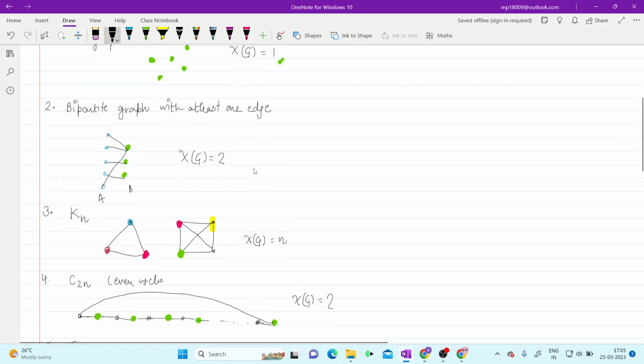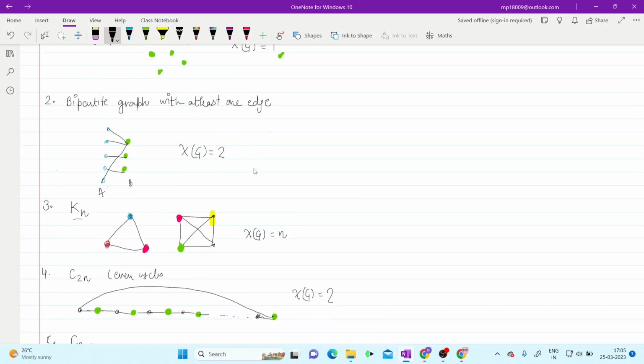Next common example was of K_n, which is a complete graph. In a complete graph with n vertices, all the vertices are attached to each other, in the sense that there is an edge between any two distinct vertices. So all the vertices should have different colors by that rule.